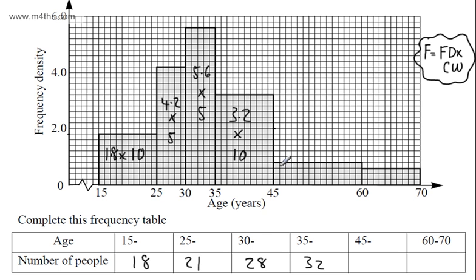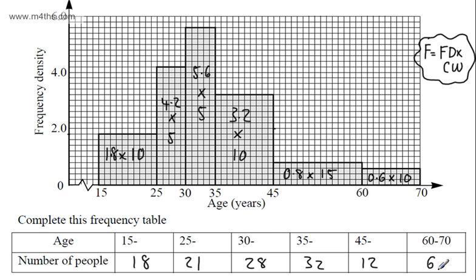This one has got a frequency density of 0.8, each of these blocks is 0.2, so 0.8, and this is going to be multiplying now by 15. So class width is going to be 15 on there, and that's going to give us a total of 12. So 0.8 times by 15 is 12. 0.6 is a frequency density multiplied by 10.